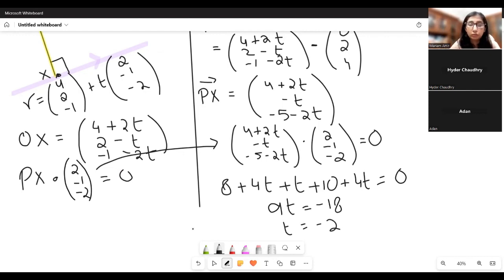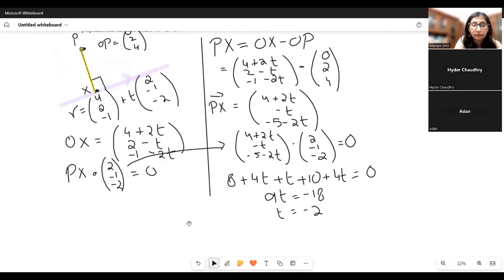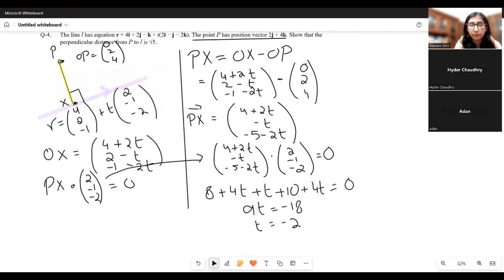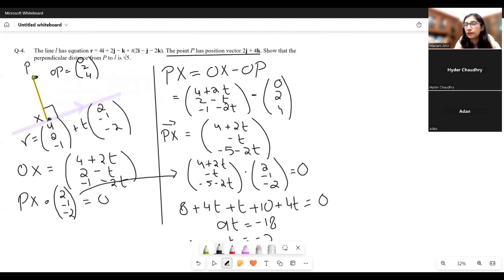T is minus 2. So if we have t, now we can find the vector PX represented, highlighted by the yellow part in the diagram. Let's find vector PX and then we're going to find its magnitude. So PX is going to be, where's the expression for PX? It's right here.